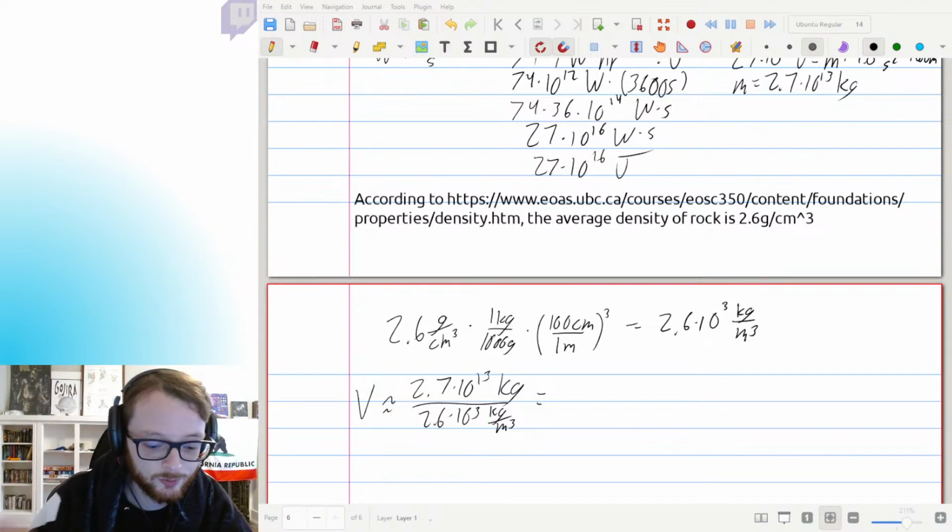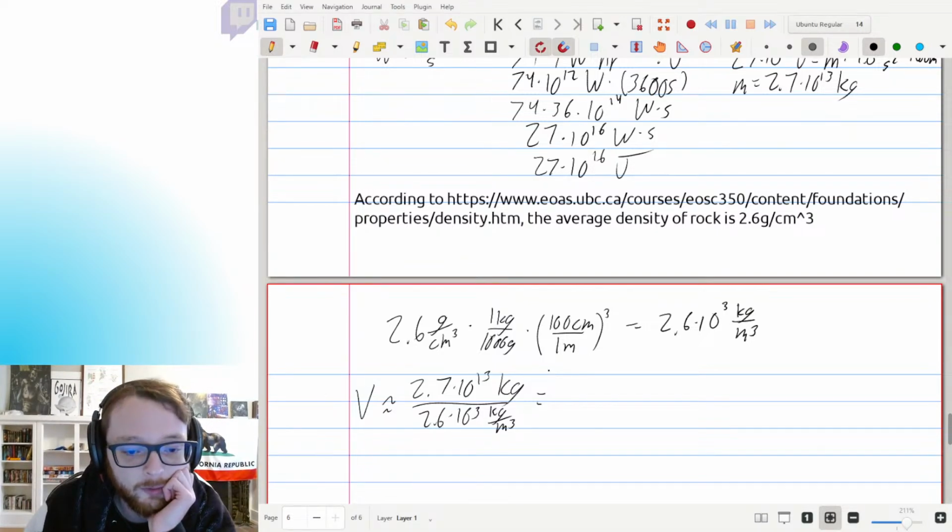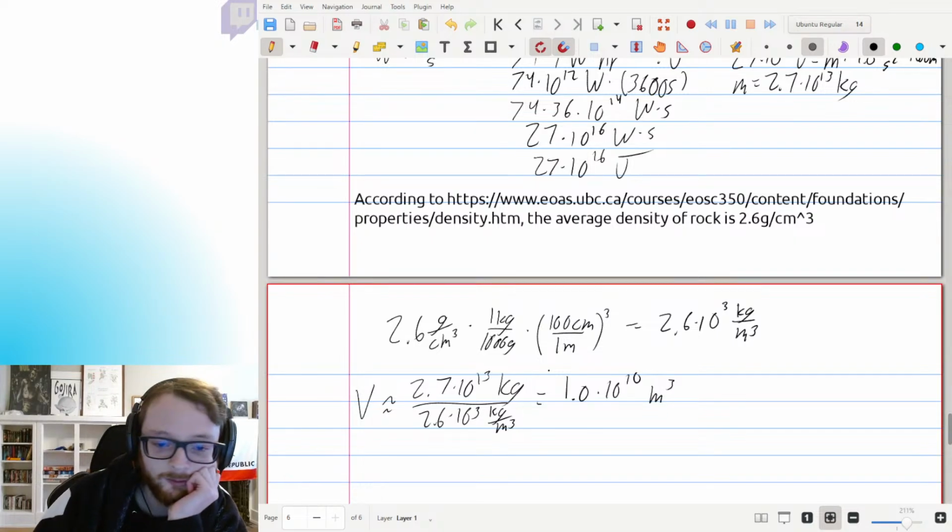We're just going to call it 1.03 times 10 to the 10 cubic meters.